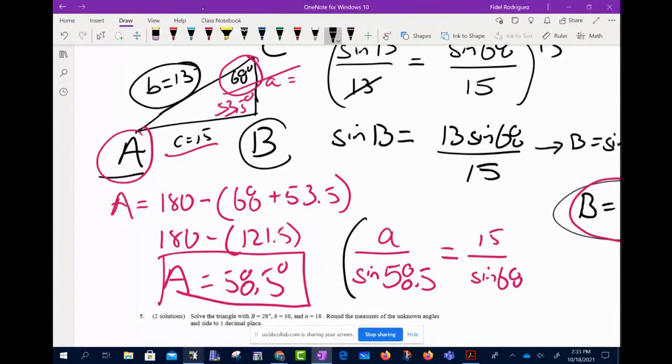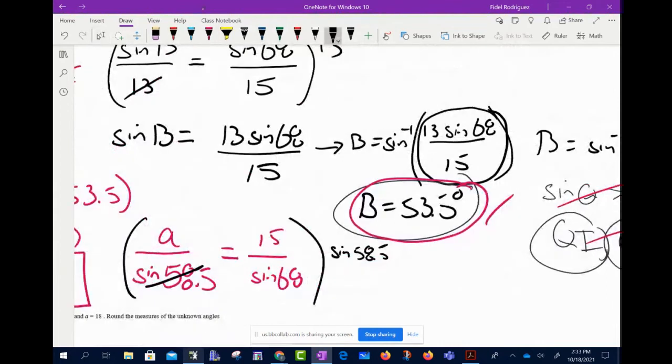And so again, the first thing I would do here, y'all, is multiply by the sine of 58.5, so we can cancel that one right there. Okay, and we're going to say side A equals 15 times the sine of 58.5 divided by the sine of 68.